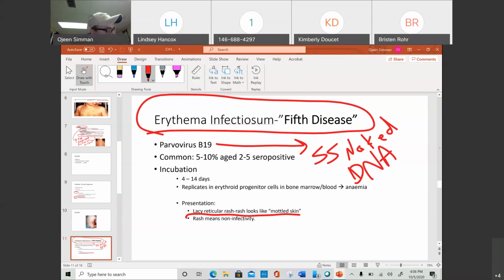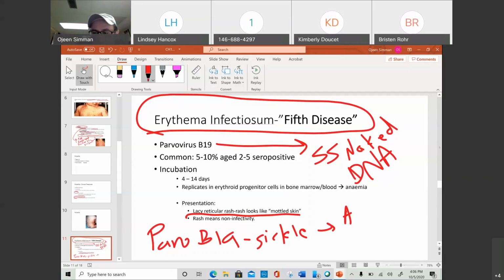I want you guys to know something important about parvo B19 virus. If it infects a patient who has sickle cell anemia, it will cause aplastic anemia, which means it will destroy all the erythroid progenitor cells in the bone marrow, leading to aplastic anemia.